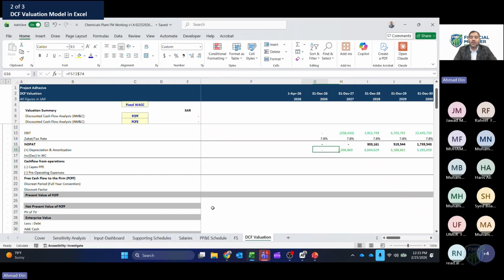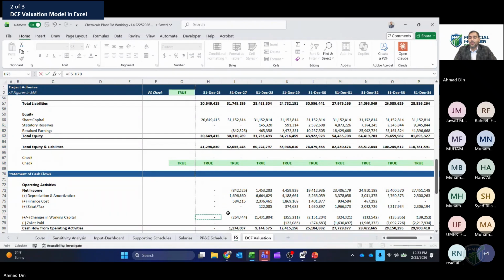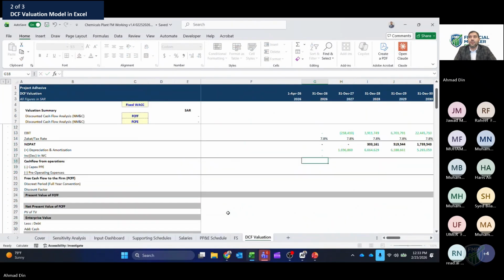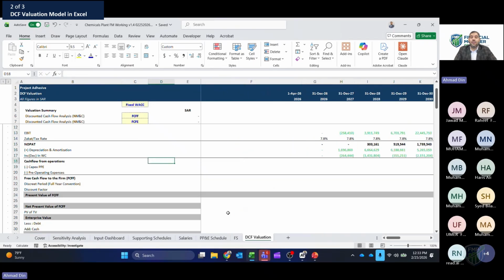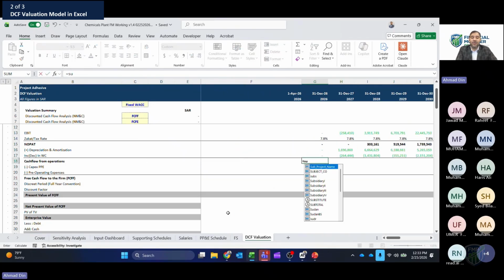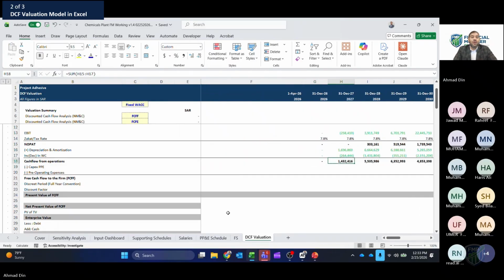Depreciation is added back. Then we have the changes in working capital. By summing up all these, we have our cash flow from operations. Clear? So we have calculated our cash flow from operations.